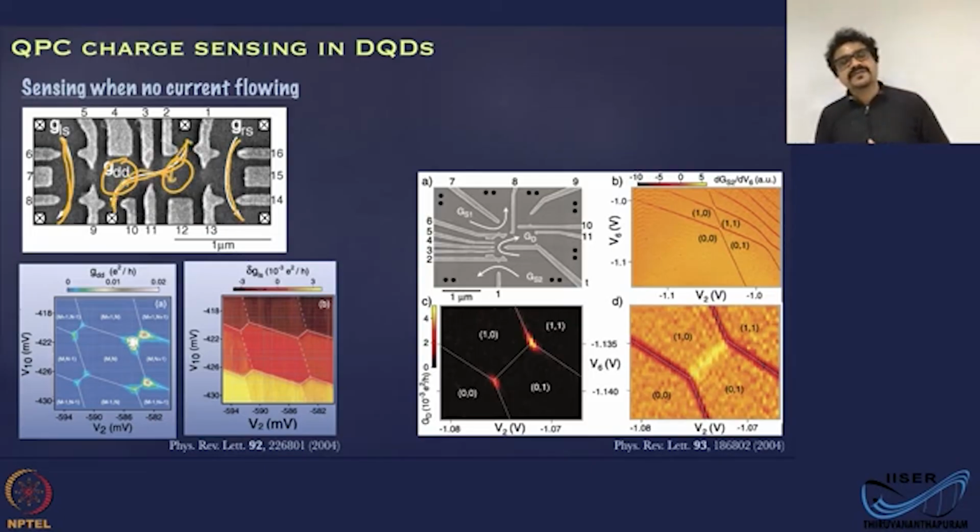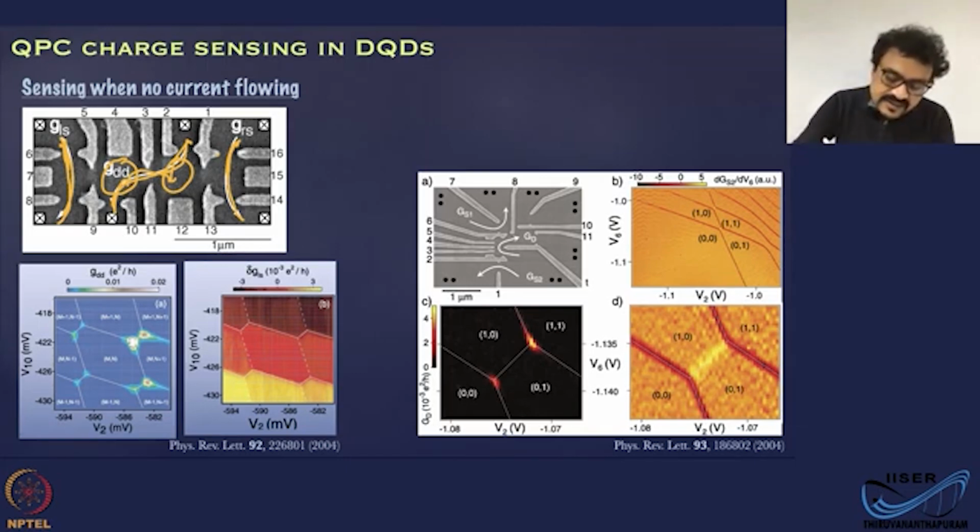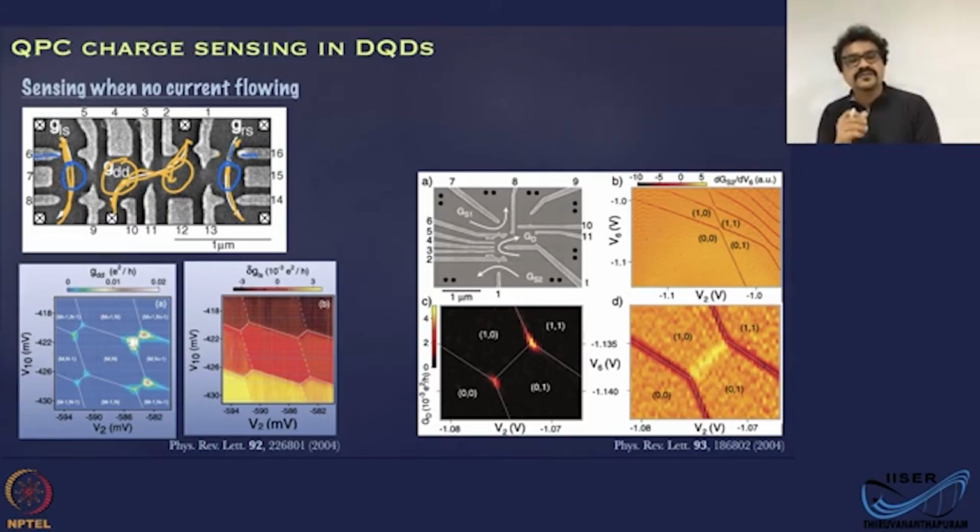Whereas you can sense the motion of the electrons using the current through one of these channels. So in this experiment, only one of these gates was energized. So you have only a quantum dot. Though the design will tell you that you can have another set of dots here, in this experiment, only one of these gates is energized to have the quantum point contact formed. Okay.